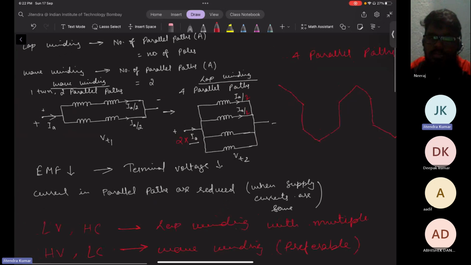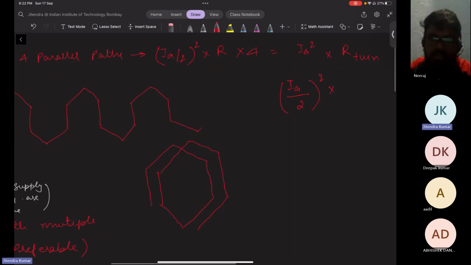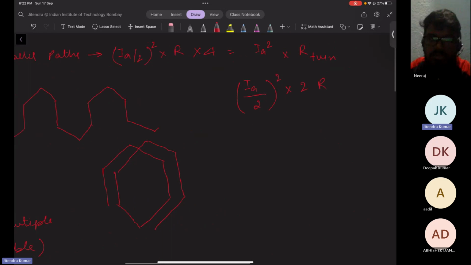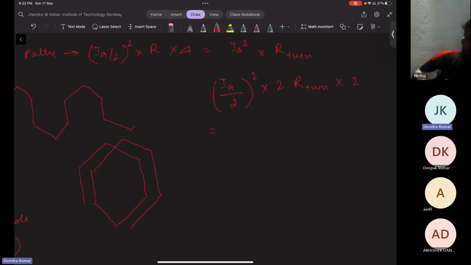Let us see what will happen in the case of wave winding. Again we have (IA by 2) square into 2R term. Do you agree here it will be 2R term instead of R term, because there is only one term in two parallel paths, so 2 times I will multiply. If you do not get it at any point, please stop me and we will clarify that point.